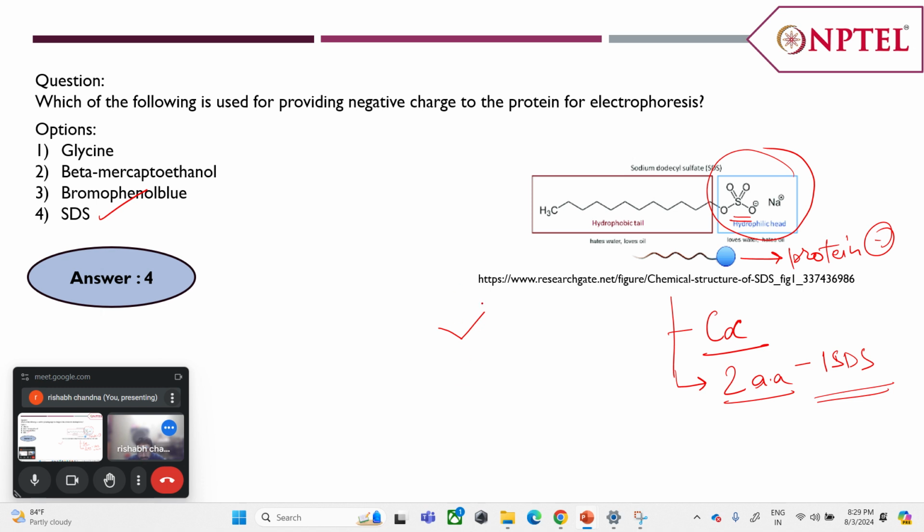The size of SDS is such that it interacts with the two C alphas of the particular protein chain. So that's how it binds to two amino acids. That's the reason that has been studied till now.